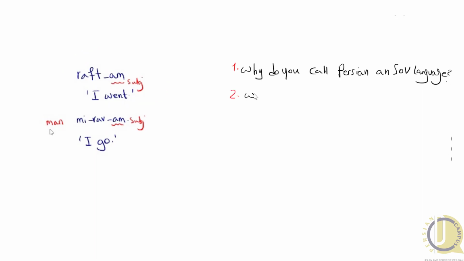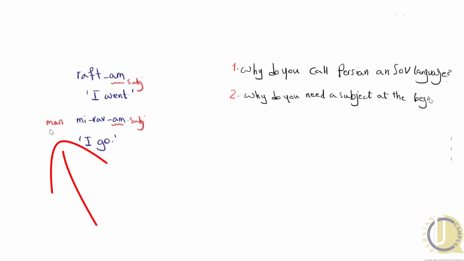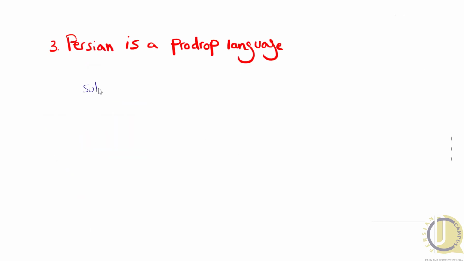And two, why do you need a subject like man in your sentences then? من میروم. I go. There you go with the third feature, the answer for these questions.